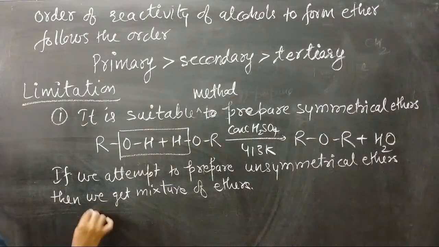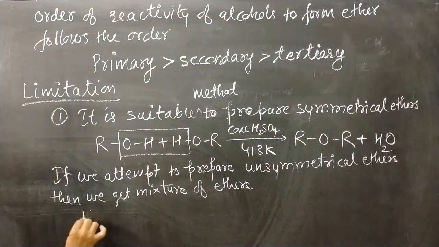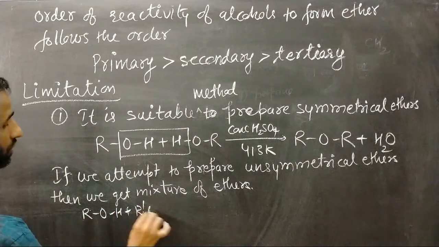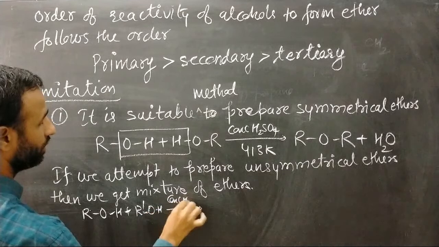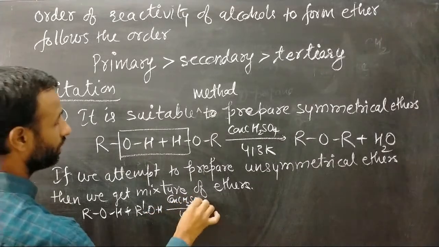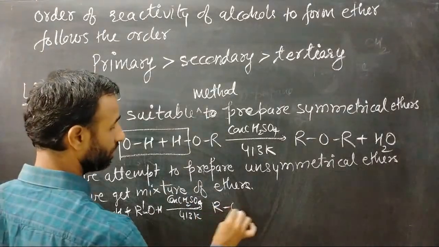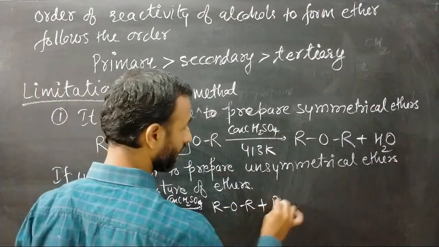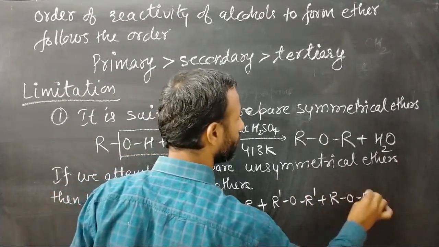For example, if we have ROH and R dash OH in the presence of concentrated H2SO4 at 413 Kelvin, then we can get ROR, we can get R dash OR dash, we can get ROR dash.